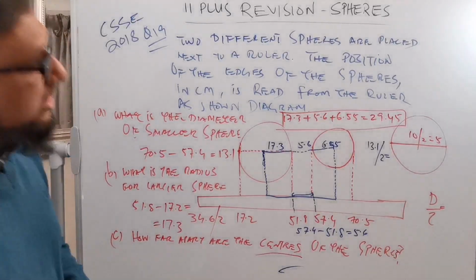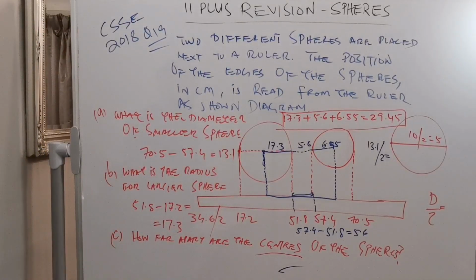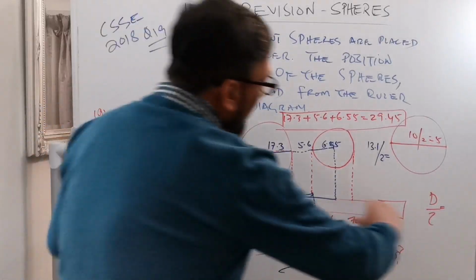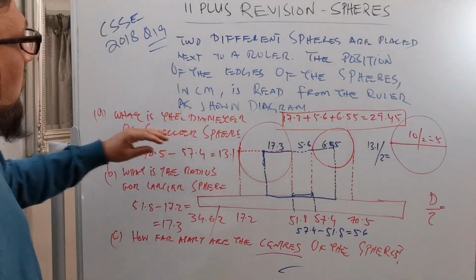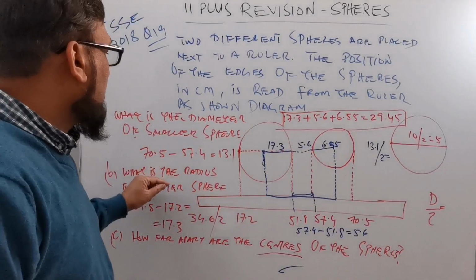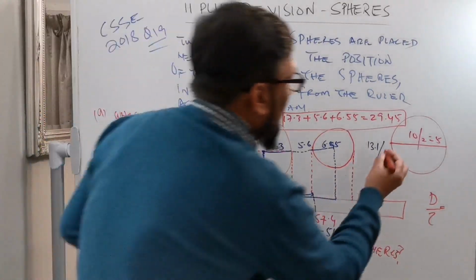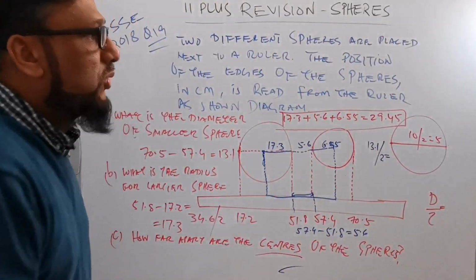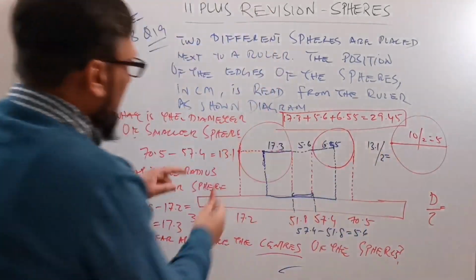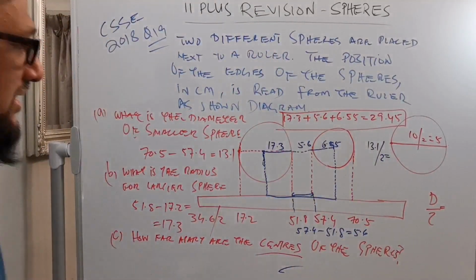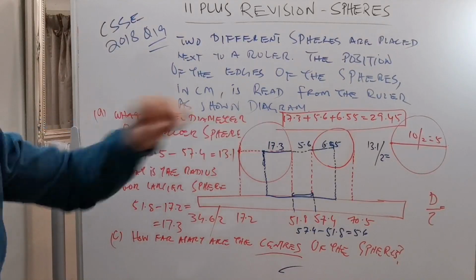We already discussed the area of a circle, pi r squared, and also diameter and radius. On the ruler there are two spheres, a larger and a smaller one. For part A, the diameter of the smaller sphere is from one end point to the other: 70.5 minus 57.4, which is 13.1.